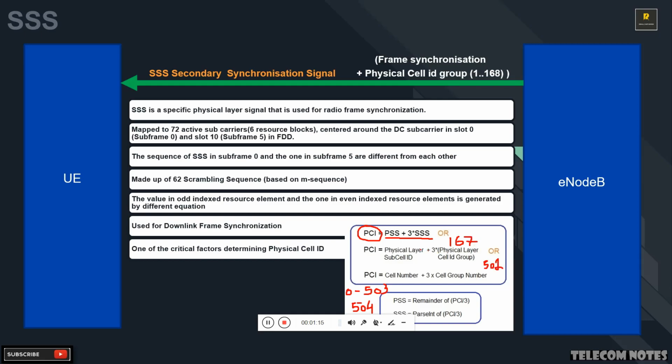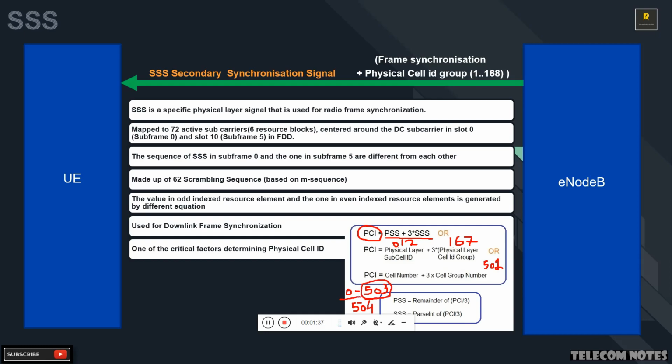And when I add 0, 1 or 2, I'll get the values 501 PCI, 502 PCI and 503 PCI. So from 0 to 503.